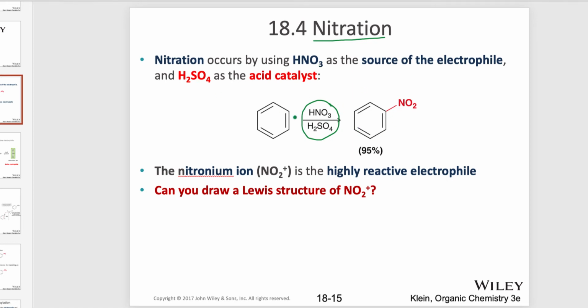The way we need to think about these conditions, the use of nitric acid in the presence of sulfuric acid, is that this will generate the very potent electrophile. And that sulfuric acid here is an acid catalyst. In other words, it will offer an H+.